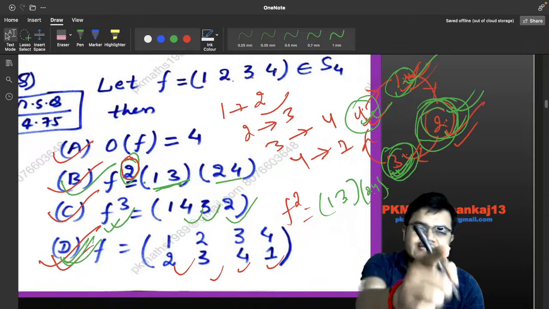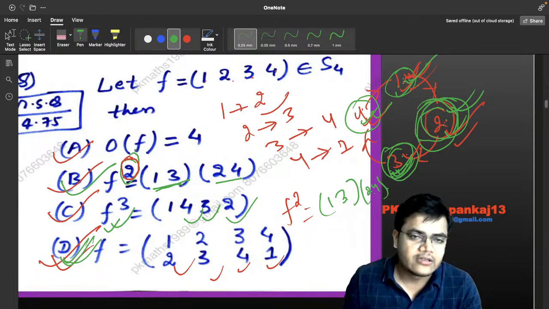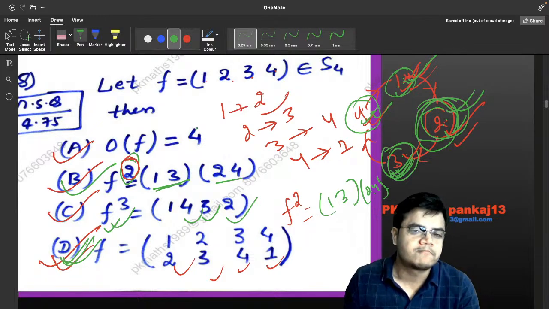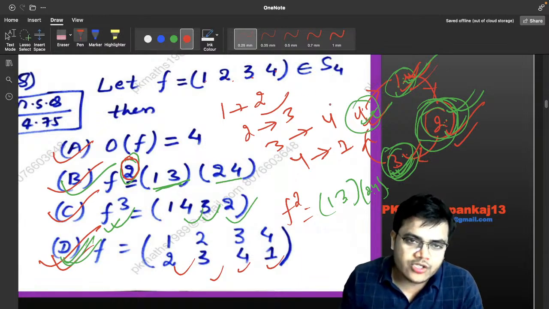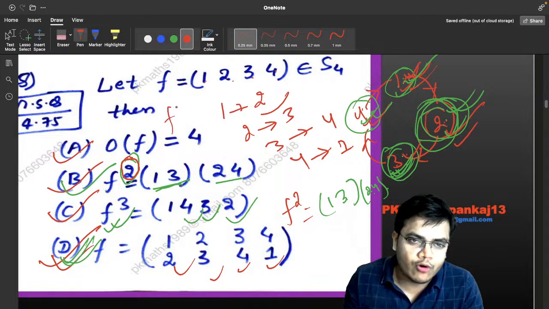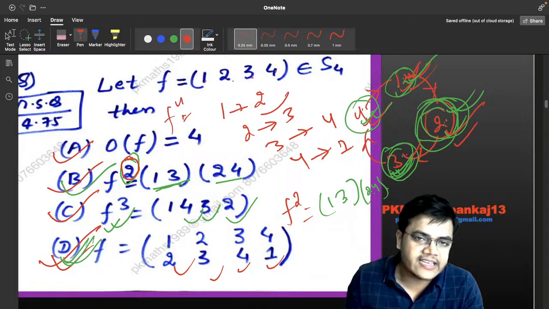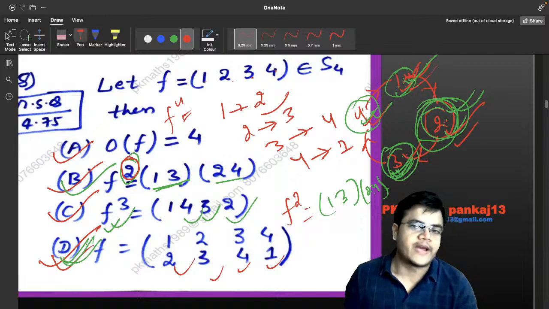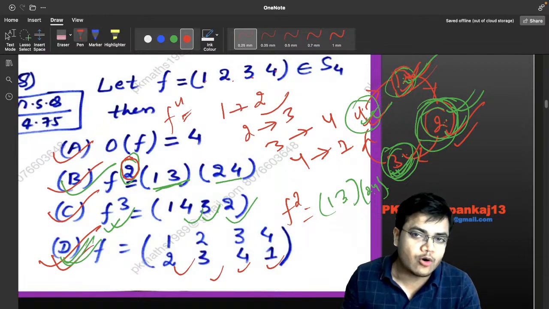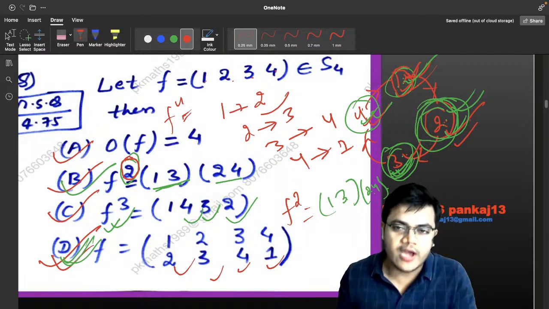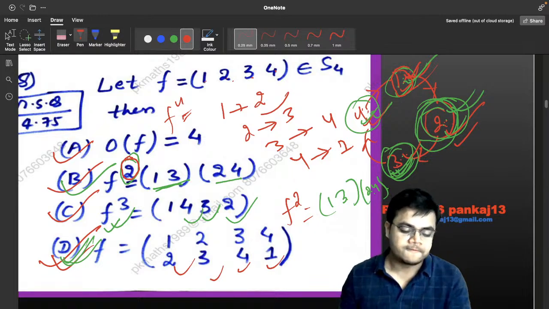But why are we saying that the order of f is equal to 4? What is the reason behind this? The reason behind this is what? Because if you have to find f to the power 4, then in that case you have to skip 3 elements. For example, if you are over here at 1, then you have to skip this 2, 3 and 4 and you are going to reach at 1.